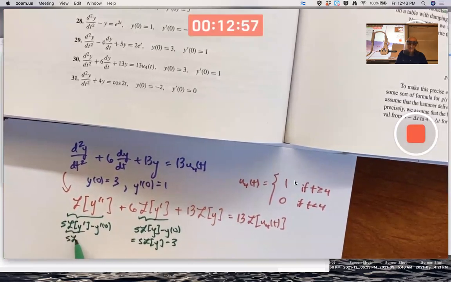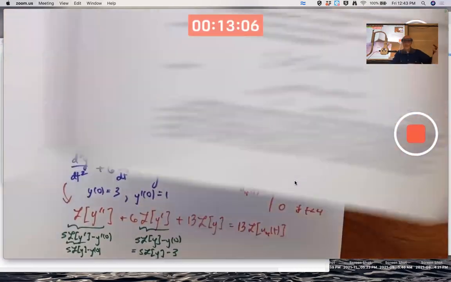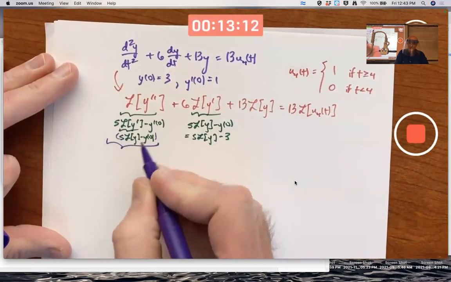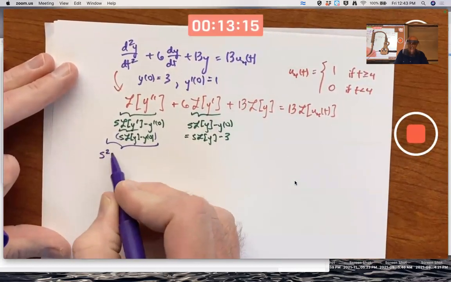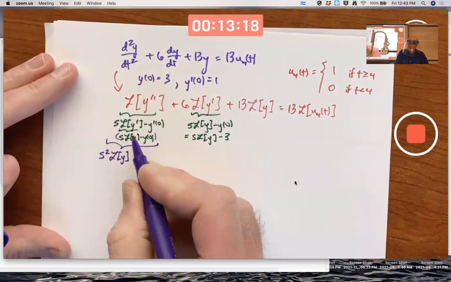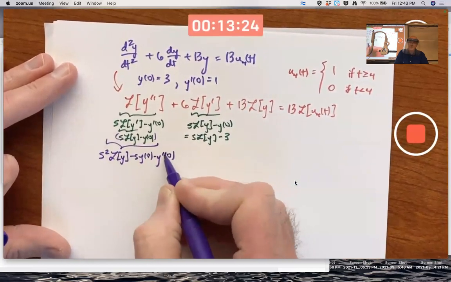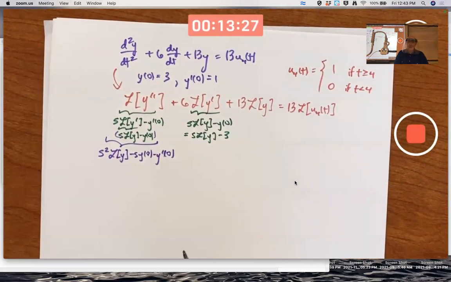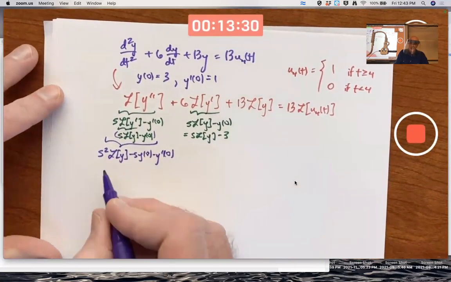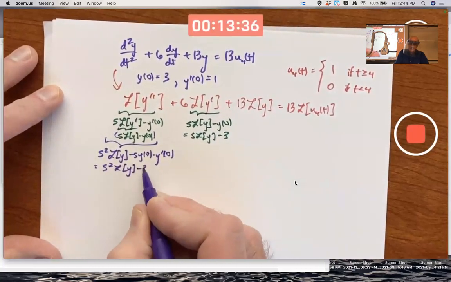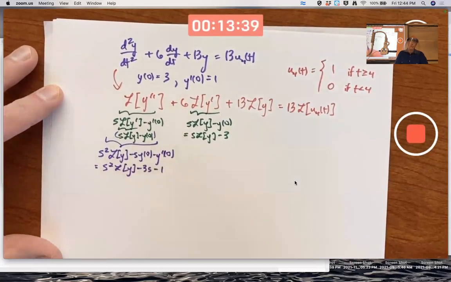That's S L of y minus y of 0, and therefore, when you put those facts together, this entire expression becomes, you got to multiply S through here, S squared L of y minus S times y of 0, then minus y prime of 0. Since y of 0 is 3 and y prime of 0 is 1, this becomes S squared L of y minus 3s, y prime of 0 is 1, so we get minus 1.